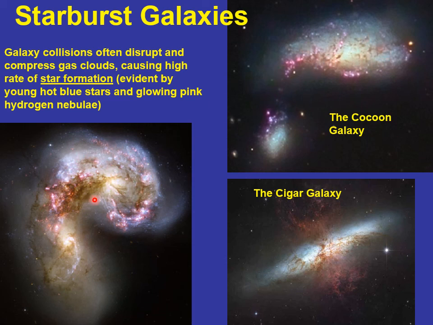Well, remember, blue and pink colors indicate new star formation, because the hot young blue stars are basically newborn stars, and the pink regions of glowing gas are the telltale signs of hydrogen emission nebulae that are glowing from the excitement of the new stars producing all this ultraviolet radiation. So these are a couple interesting examples here of some starburst irregular galaxies.